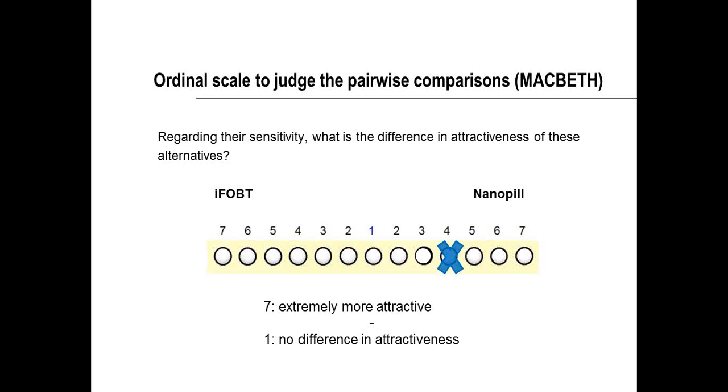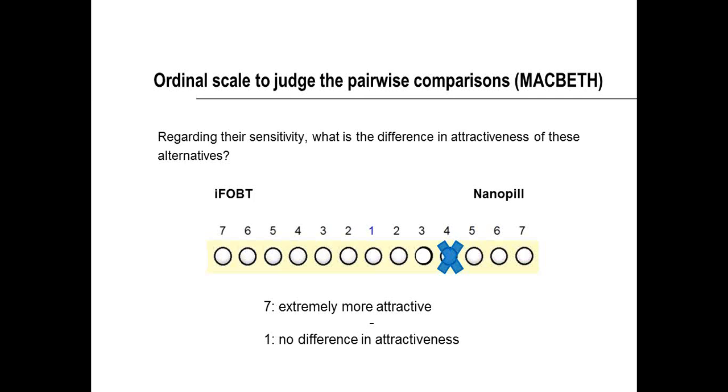You can see it's how they frame the question behind the pairwise comparison. So regarding sensitivity, what is the difference in attractiveness of the alternatives? And they use not a 9-point scale, but a 7-point scale. The 7 means extremely more attractive, and 1, no difference in attractiveness.